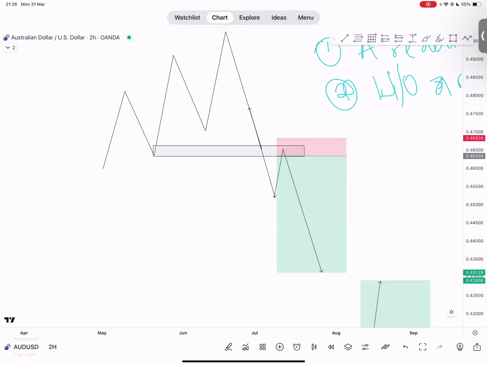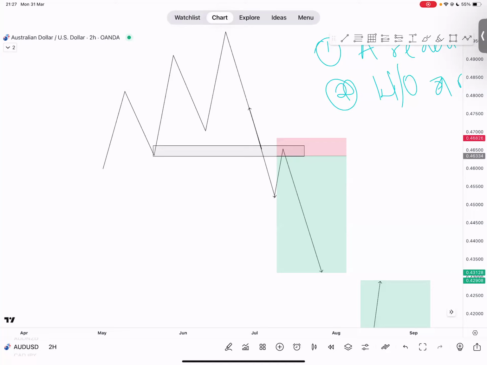Now, back to what I was saying. The first thing I said was the failure of a bullish order block with a reaction to it before failing it creates what? A flip zone. The failure of an order block, whether bullish or bearish, with little or no reaction creates what? A breaker block.